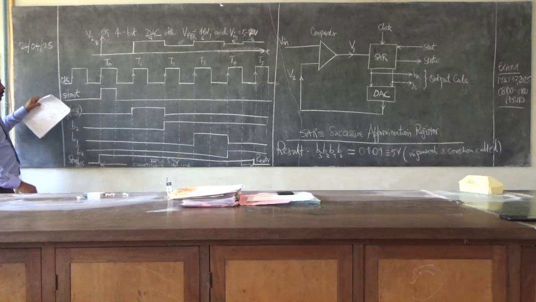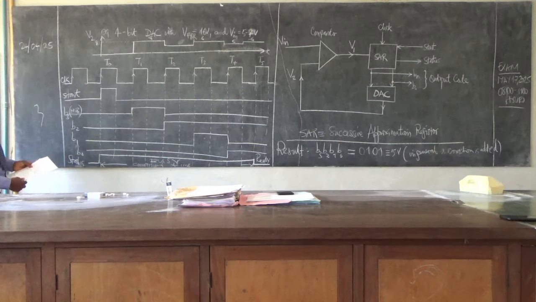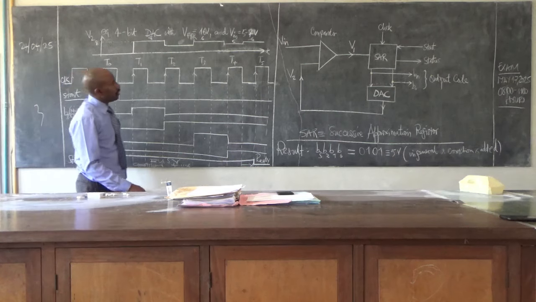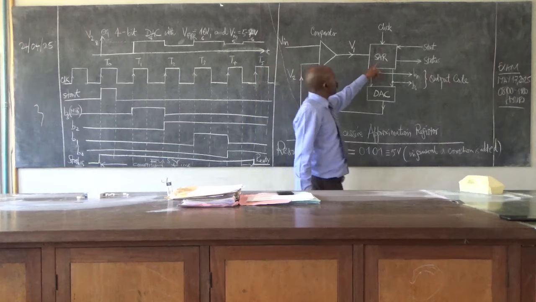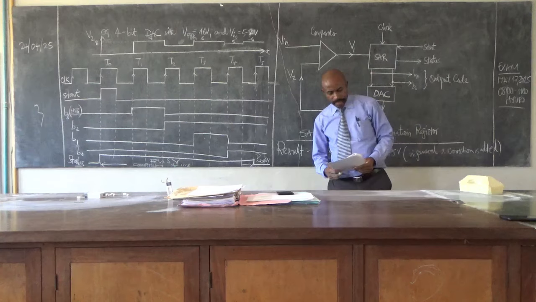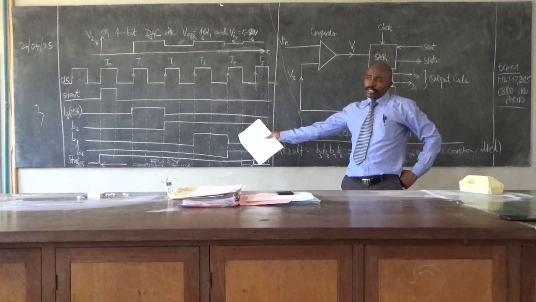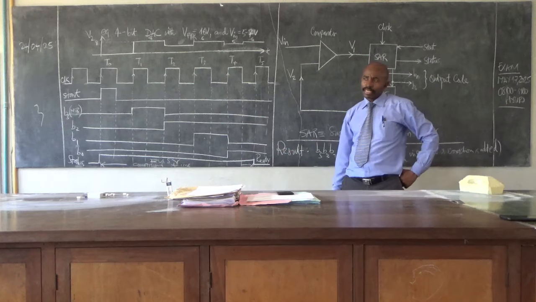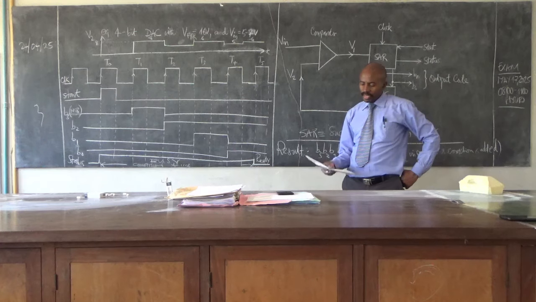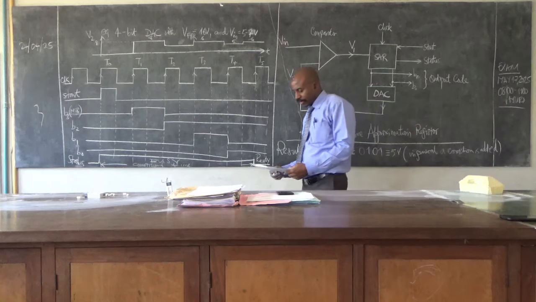And then you start getting the beats coming out of the successive approximation register. So this is slow, but we have the slowest. The slowest is the dual slope analog-to-digital converter.